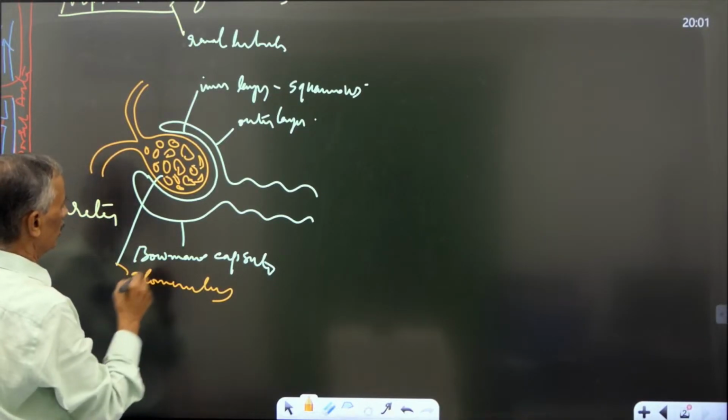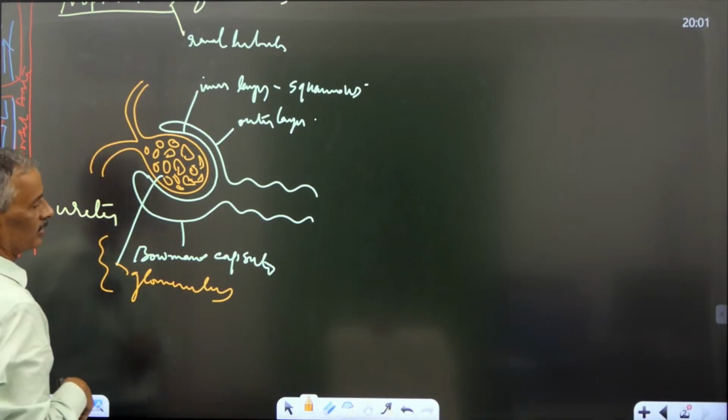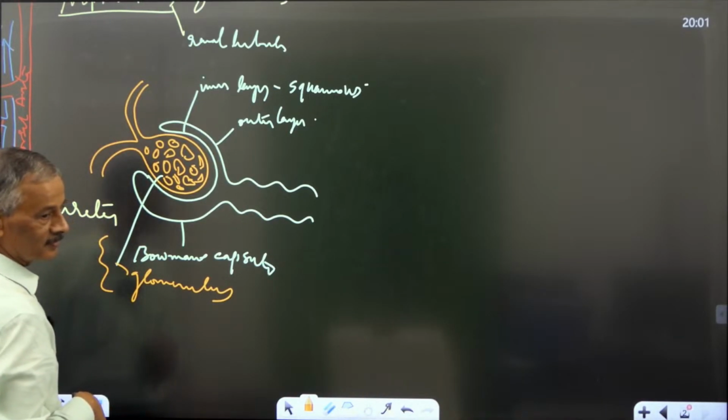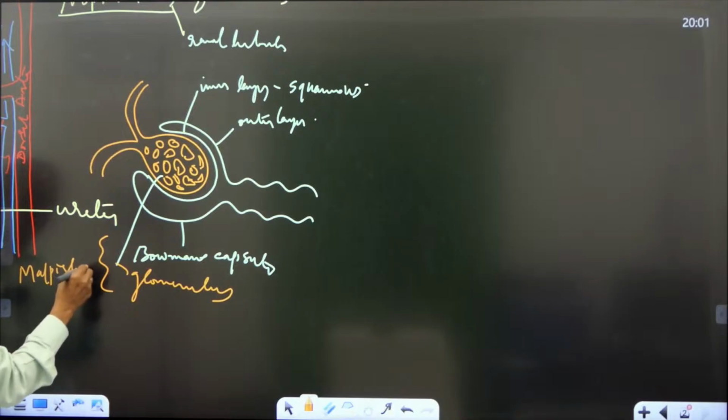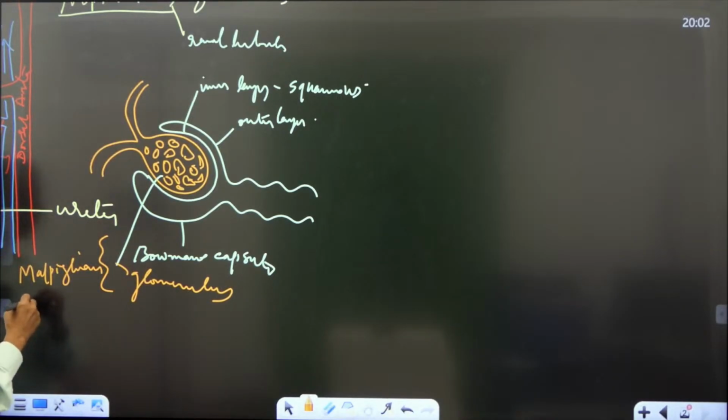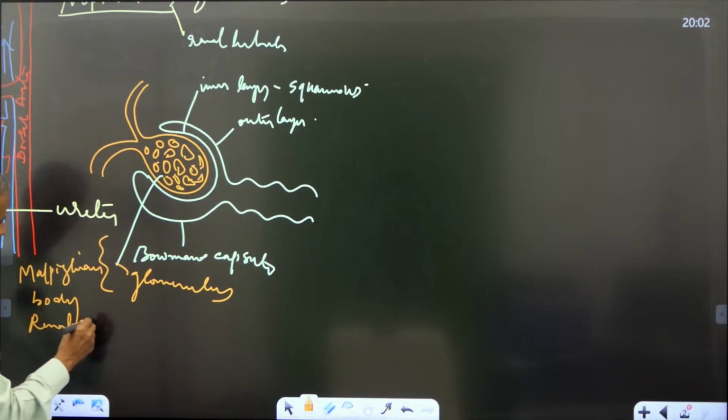Bowman's capsule plus glomerulus is called the Malpighian body or renal capsule or corpuscle.